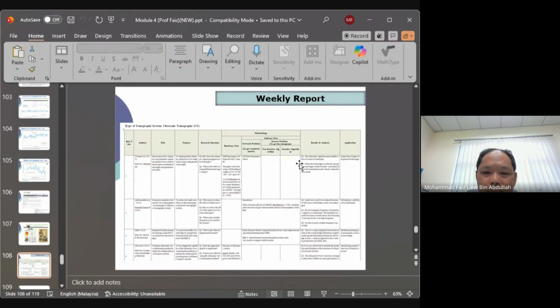What I did last time was I read papers, then jotted down what this paper is about, what it is talking about, what application it will do, and what the output result of the analysis is.